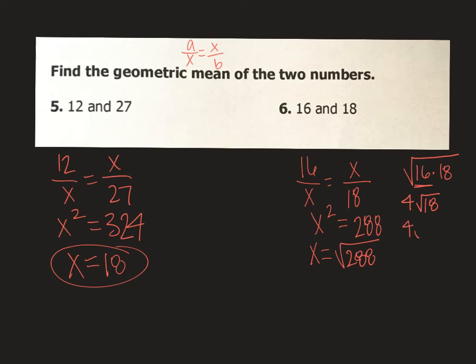Yes. 9 times 2 is 18. 9 is a perfect square. So 4 times the square root of 9 is 3. So 4 times 3, square root 2. Just simplify that. 4 times 3 to get 12. Tack on your square root 2. And that would be your geometric mean.